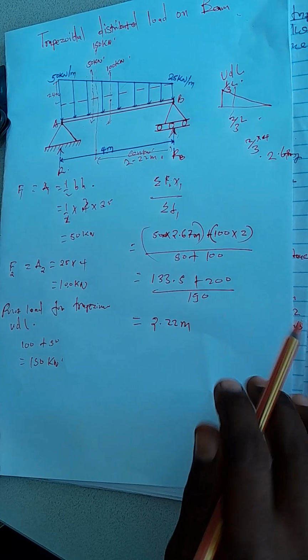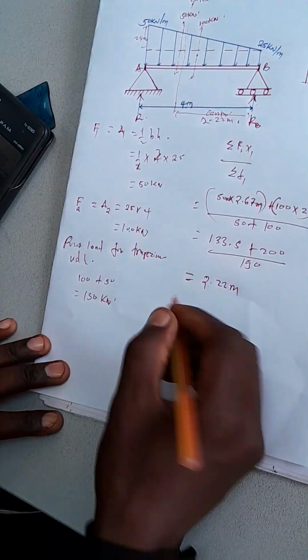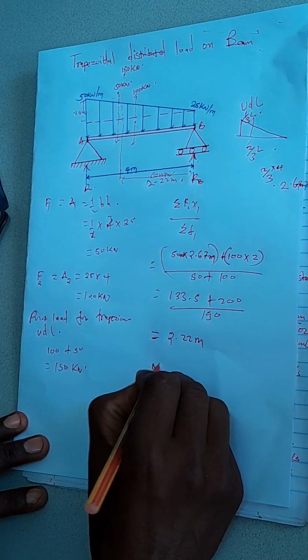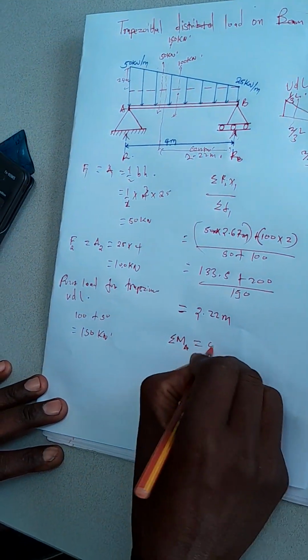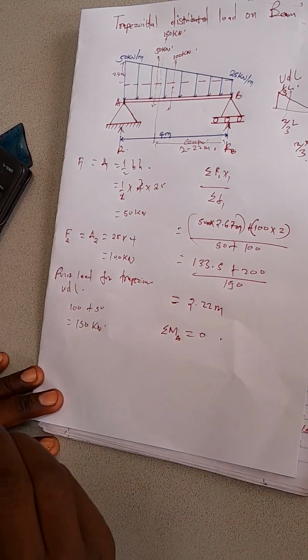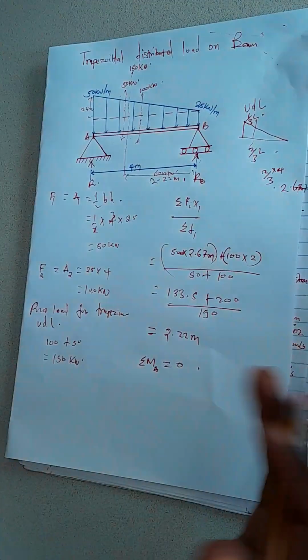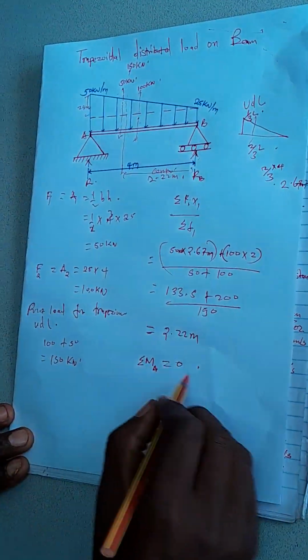Are we together? So we can apply the relation between moment about A, or moment about B. Which one is it? Moment about A or moment about B?